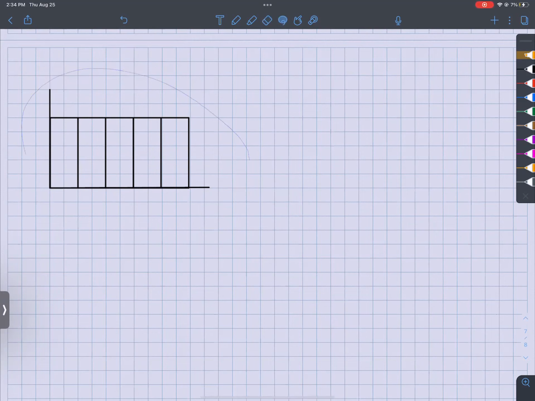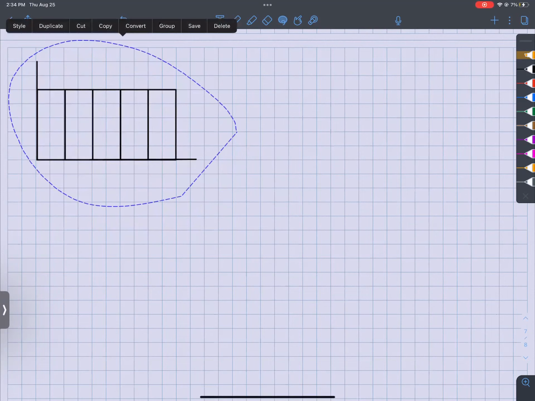And what's going to happen is that you're going to start to see certain shapes.